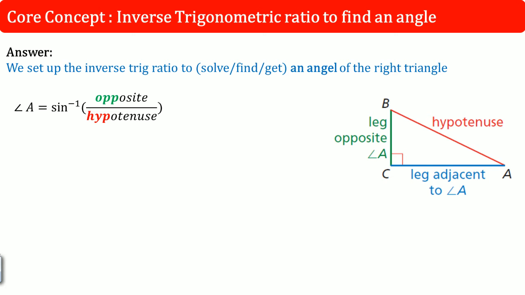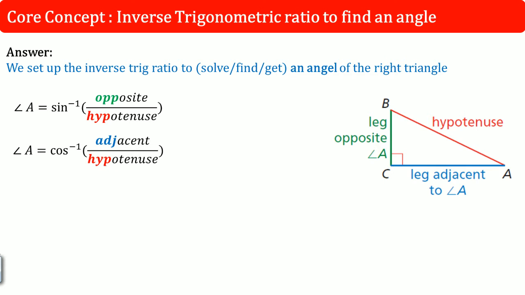Looking at it from the point of view of angle A, we would say that angle A is equal to sine, and this -1 in the air is your inverse. So you could call this sine inverse, or inverse sine, is equal to the opposite over hypotenuse, which is the same way as before.